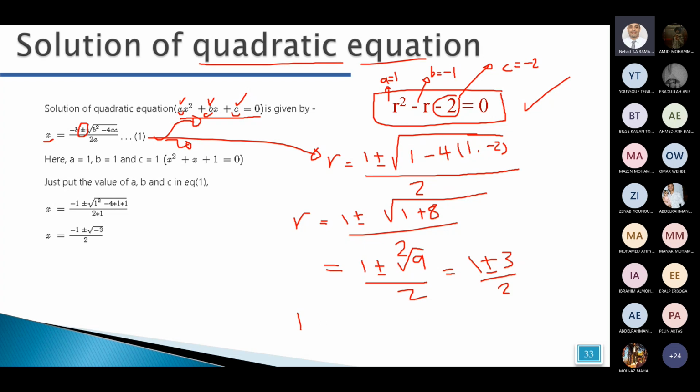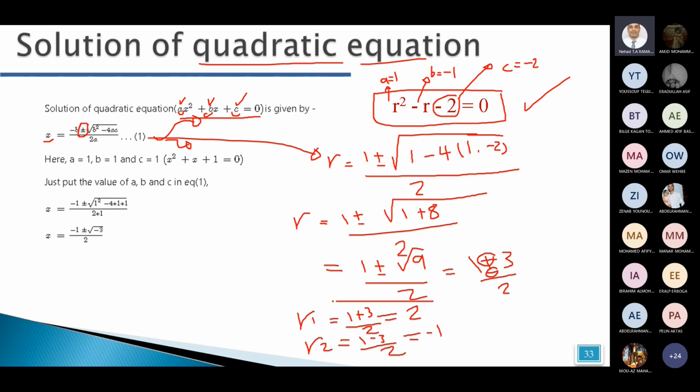So we have two solutions, r1 and r2. r1 is when we have plus: 1 plus 3 divided by 2, which equals 2. r2 is when we have minus: 1 minus 3 divided by 2, which equals minus 1.